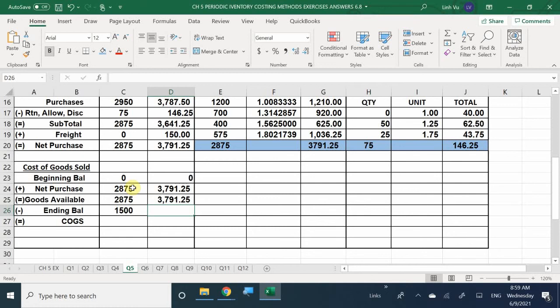We matched our goods available, and we matched everything else in the table. Now we need to solve for the last thing, which is the cost of goods sold. If I started out with $28.75 and I have a total of $1,500 left, how many items did I sell?